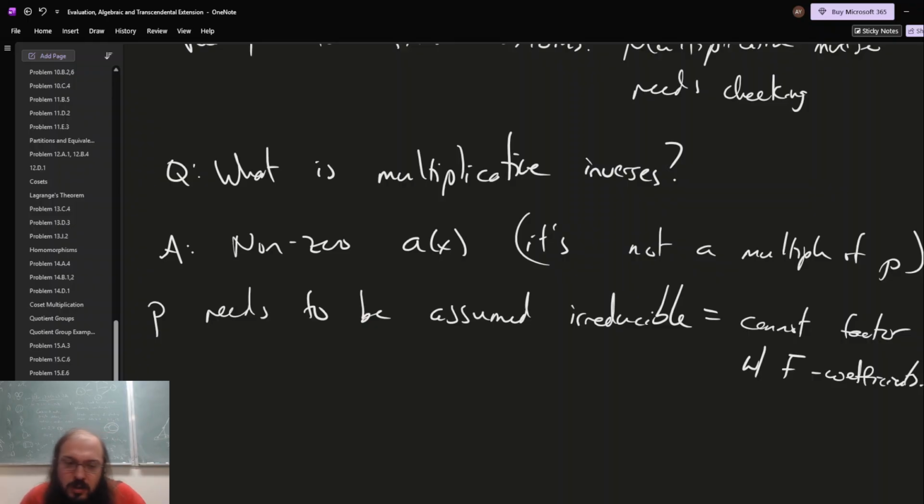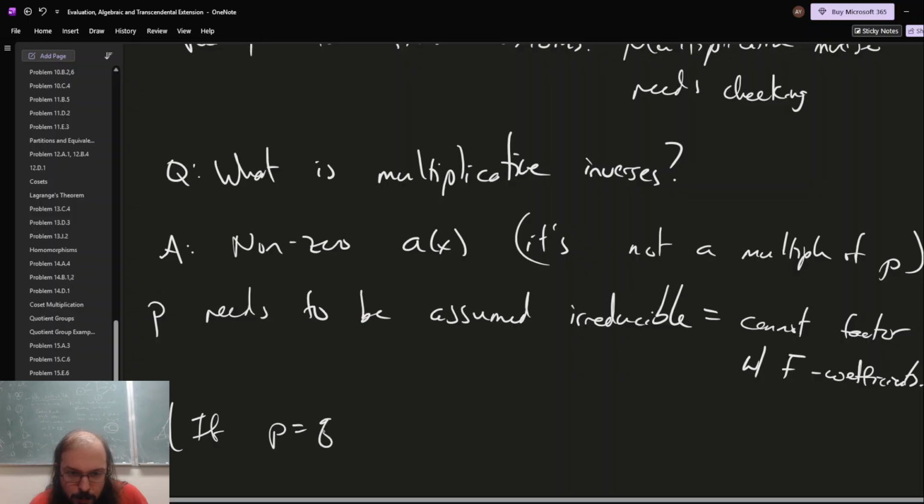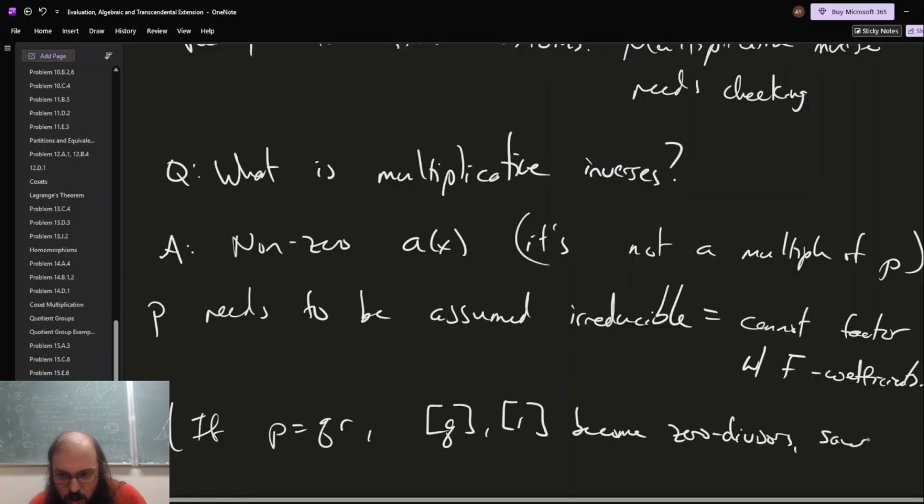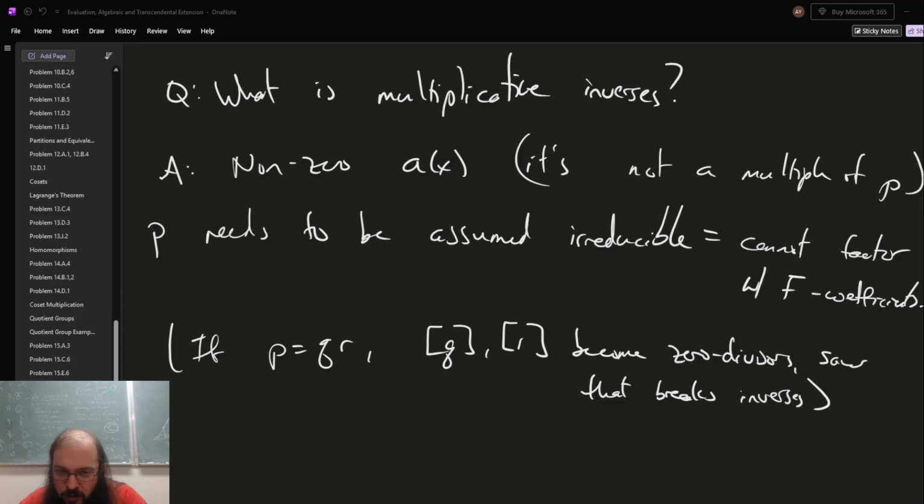This is crucial because we saw in the previous video that if it can be factored, well, then when I set it equal to 0, the two factors will become 0 divisors, right? If P equals QR, then the classes of Q and R become 0 divisors. We saw that that's bad. It breaks inverses. So we need to stop that from happening by assuming that you can't factor this.